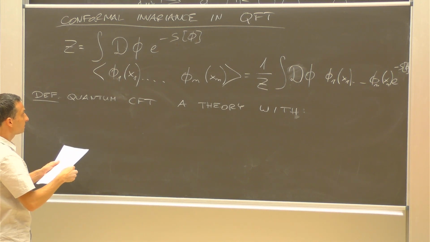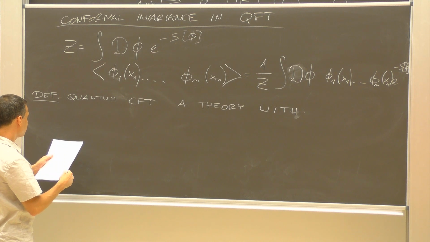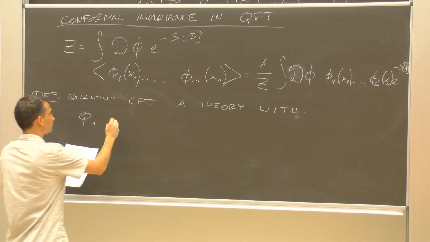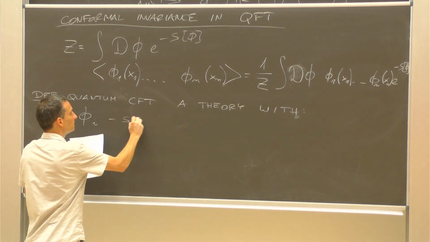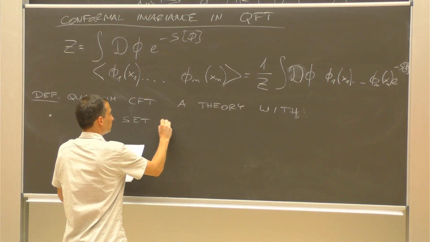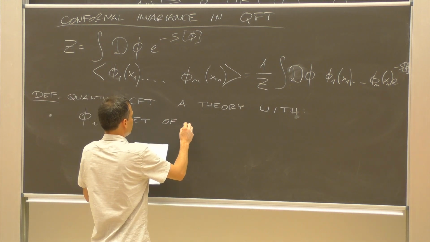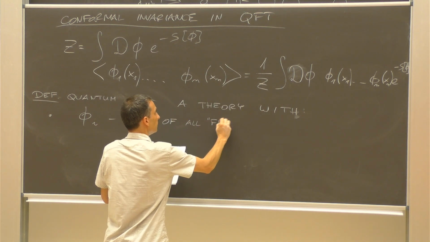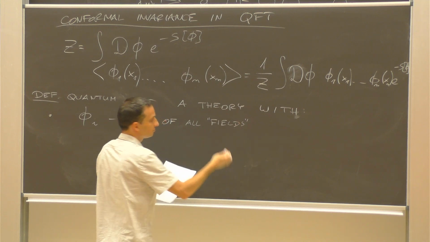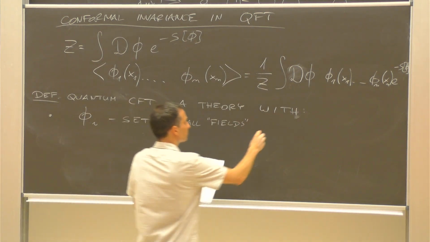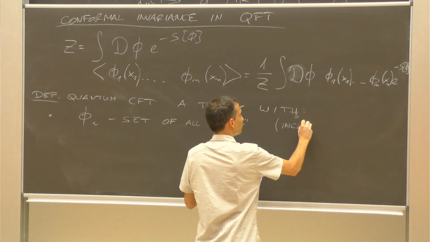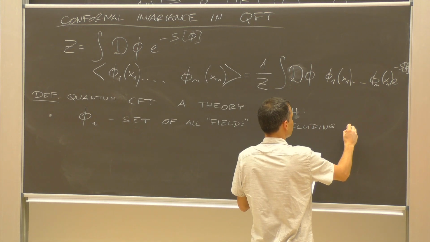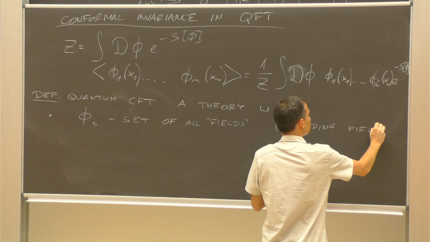So the properties I like this theory to have is that it should have a number of fields. So by phi I will refer to fields. And this may also include derivatives of some fields. So sometimes it's important to have in mind that when I say field, it may be in fact a derivative of some other field.